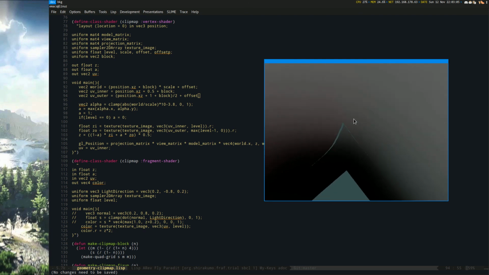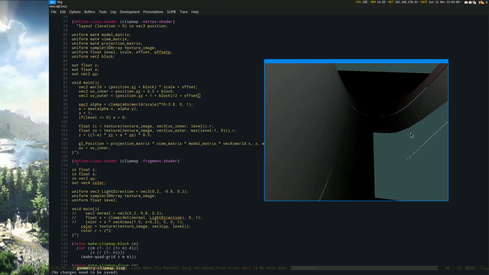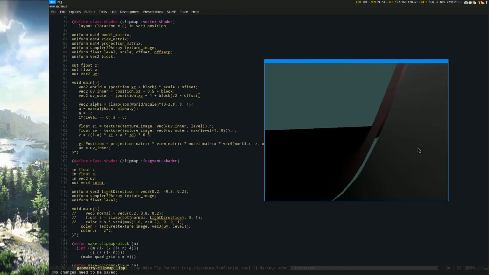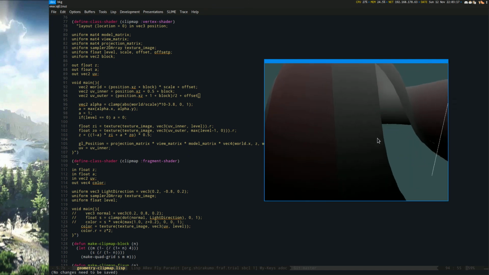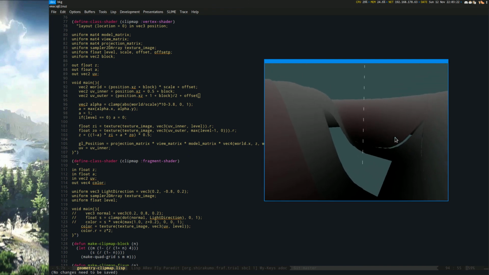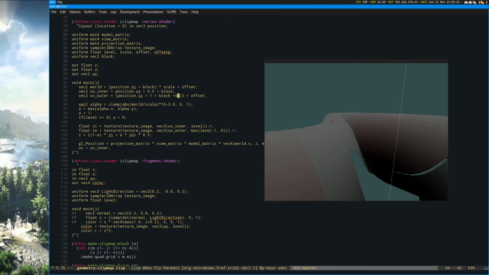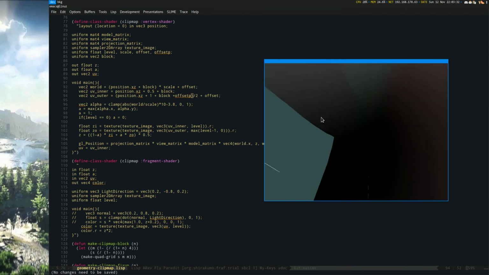Well, it's not quite right yet. Like this isn't right. So it doesn't work for all rings yet, just for some. And I think that's because the offset stuff isn't being done properly yet.